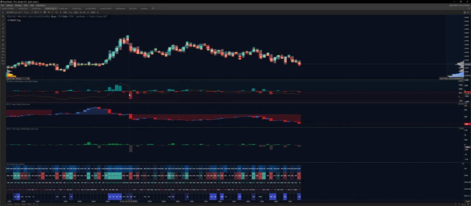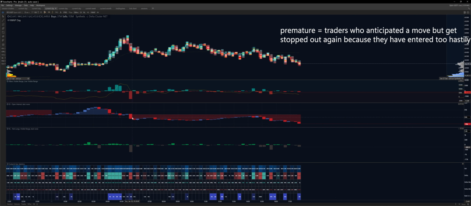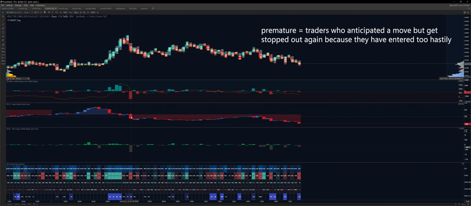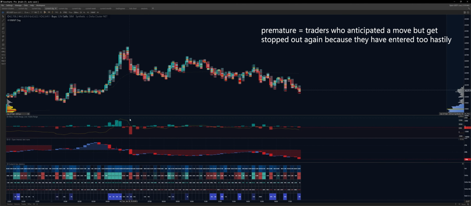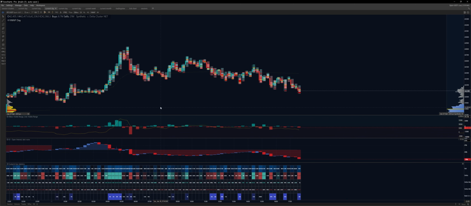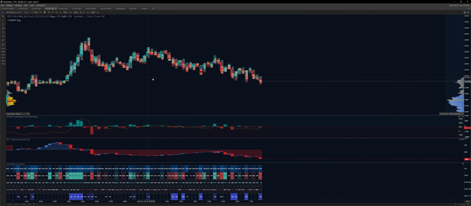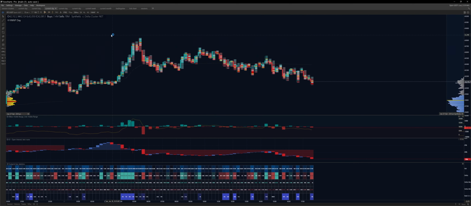We know the only position that closes with a market sell is a long. So from the delta and the open interest we can read that premature longs have closed out, and we can also see this here. I usually don't keep this on because I can read it from these two, and I can read more from those. If you want, you can keep this on. I just like to have more screen real estate and turn it off.